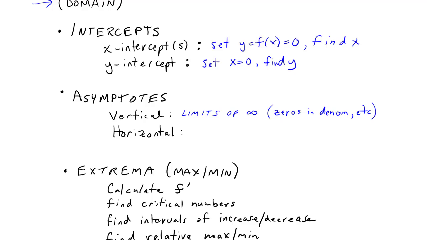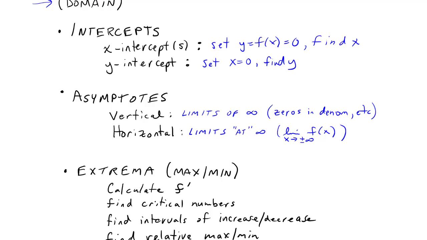Horizontal asymptotes, on the other hand, were limits at infinity. So we have to take the limit as x approaches plus and minus infinity of f of x in order to figure out if there are any horizontal asymptotes and where they are if there are some.